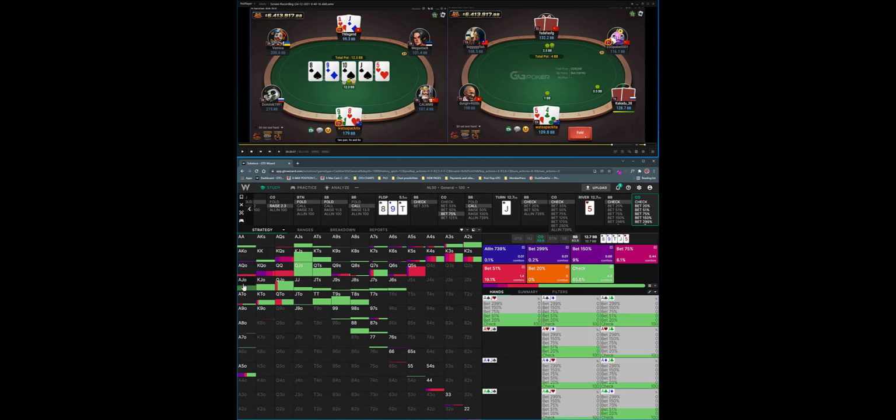With that, he's checking 100% of the time anyway. Okay, so it seems like both players played the hands pretty close to how the solver would have, without too much deviation.